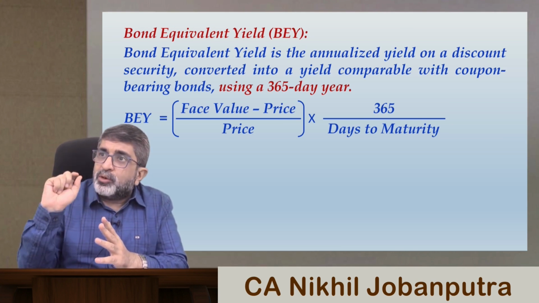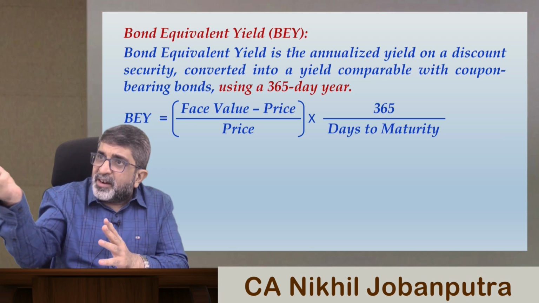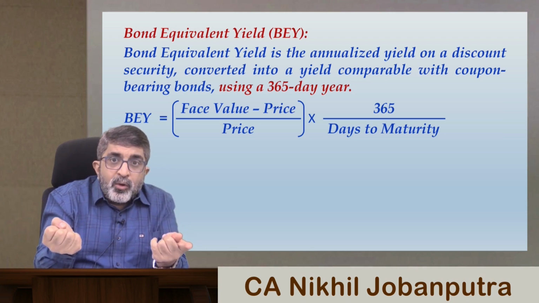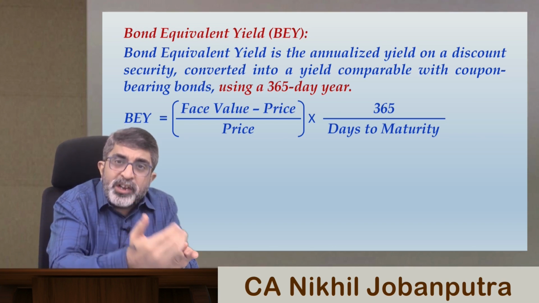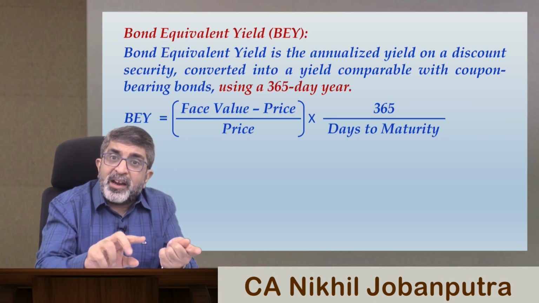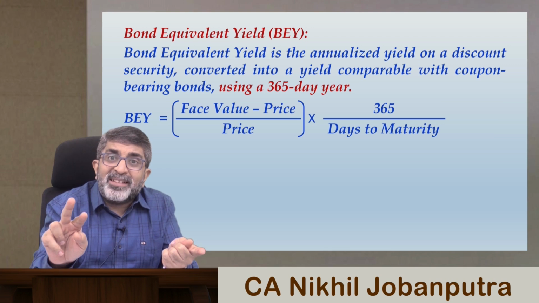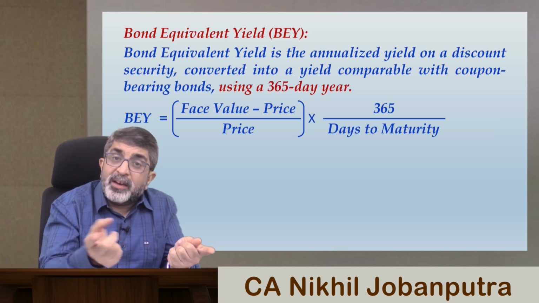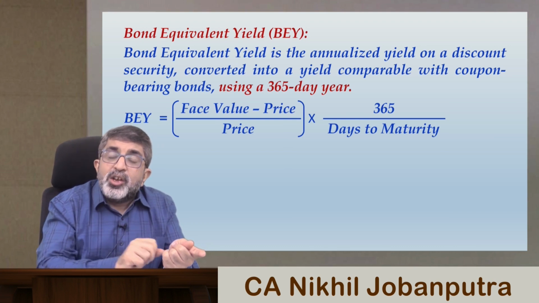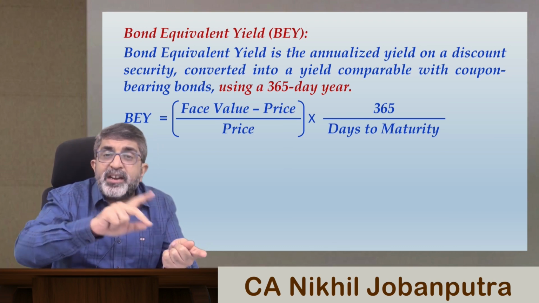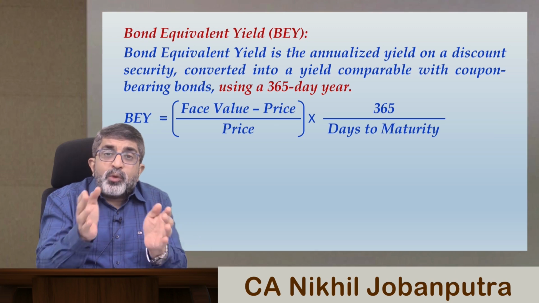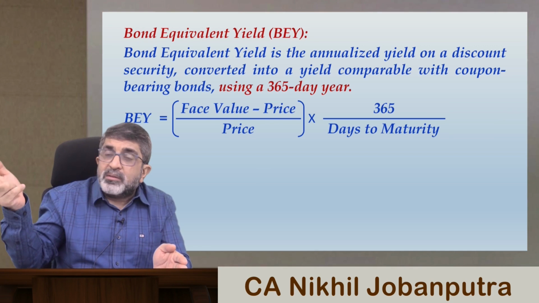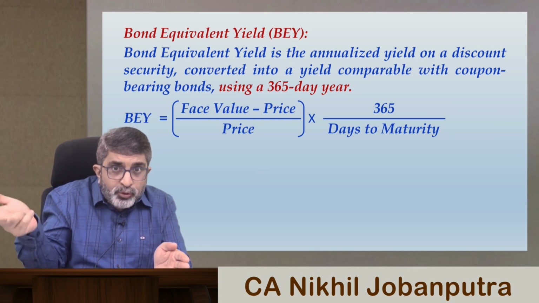Because when you say that if I invest into this instrument, what will be the yield? But the quoted yield in the money market is not the bond equivalent yield. Quoted yield in the money market is the discount yield. As a result, you want to convert the discount yield into bond equivalent yield so that you can actually compare with similar kinds of bonds and what yield you will be getting in a bond actually.